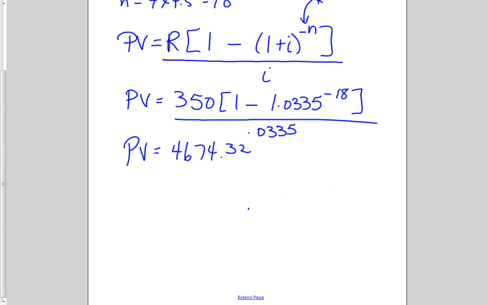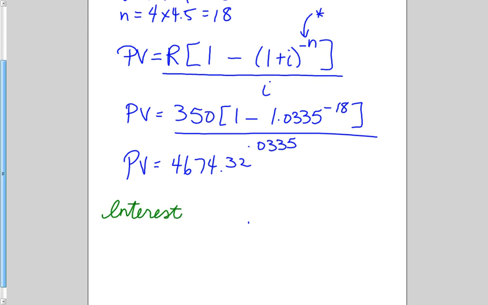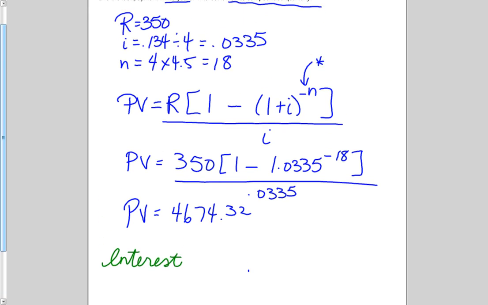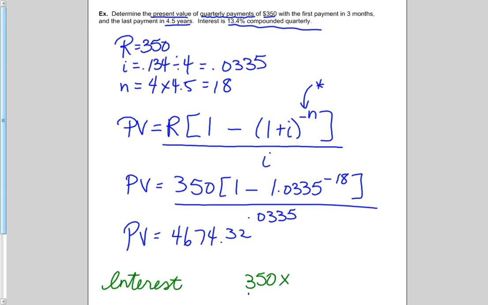Just an aside, how much interest are you gaining with that little scenario? Well, how much of the money is yours? You're putting $350 in, 4.5 years, every 3 months, you're putting it in 18 times. You're taking out $6,300.